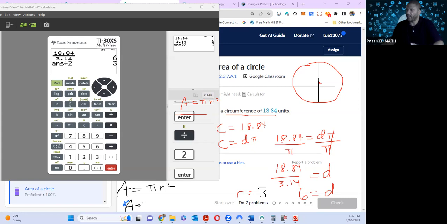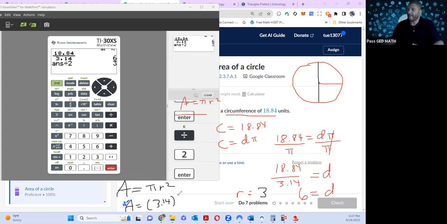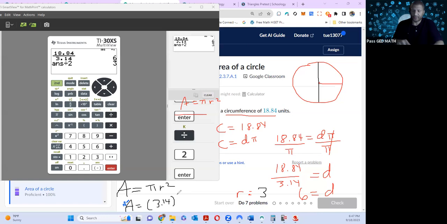Do we know what pi is? 3.14. Do we know what r is? 3. So 3 squared. Then we just plug into our calculator: 3.14 times 3 squared.